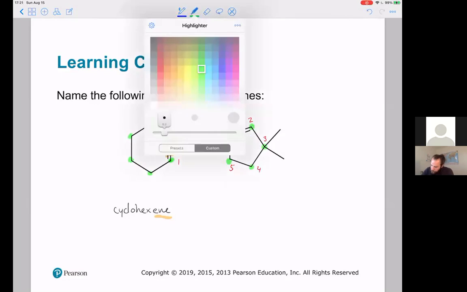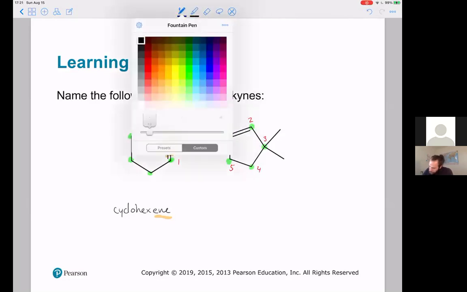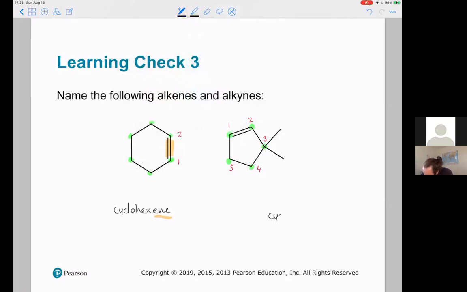Okay, so that means our parent chain is a cyclopentene. All right, and then we have our two substituents, both of which are methyl groups. When we have two methyl groups, how do we refer to that? That would be dimethyl. And we actually have to include the number of both of them, right?